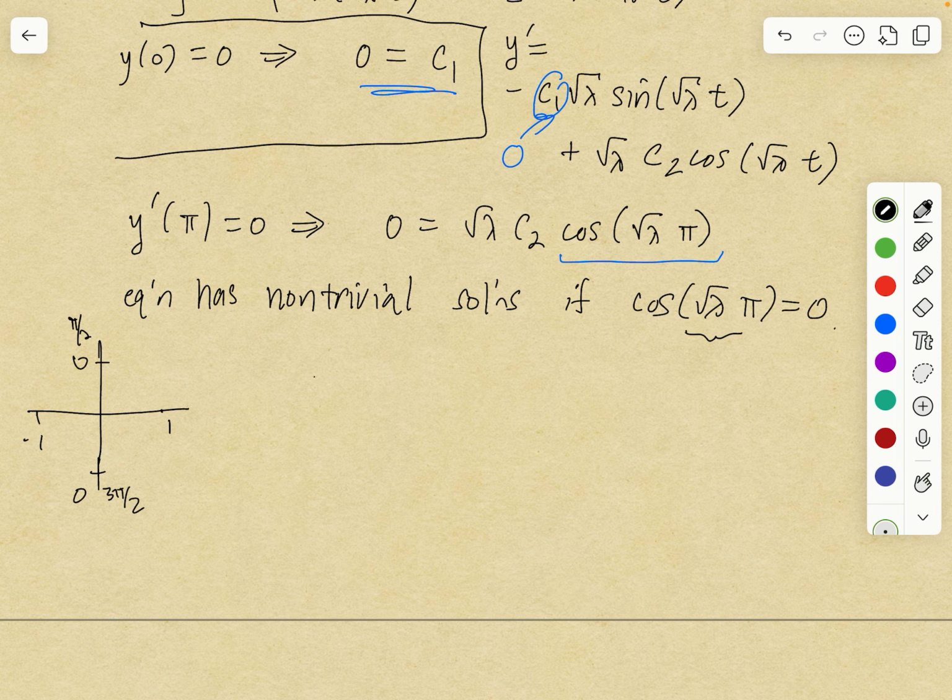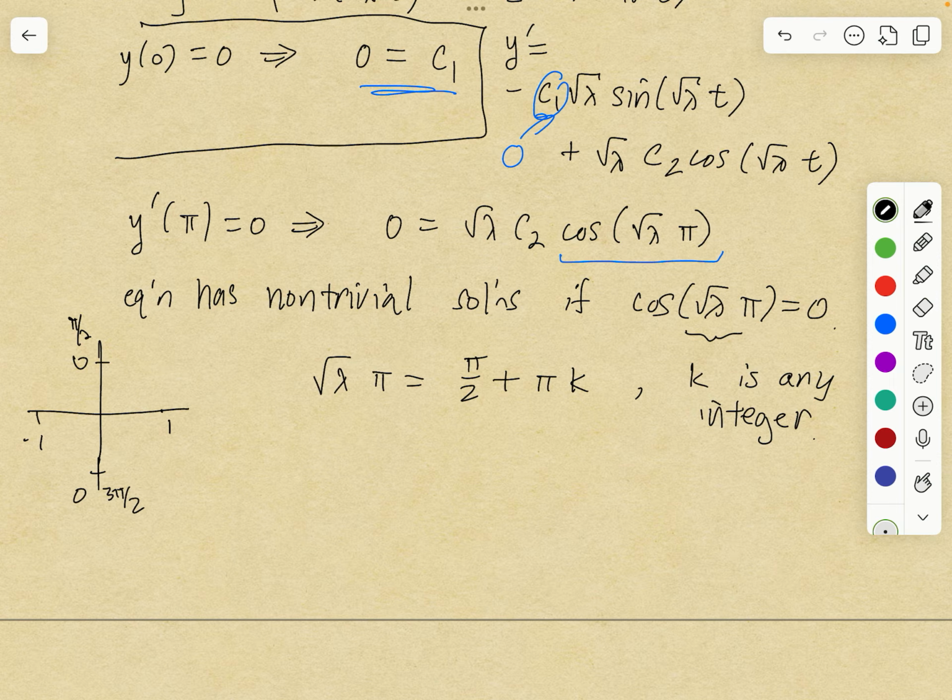So the inside, root lambda pi, is going to be pi over 2 plus pi k, where k is any integer. It could be 0, positive, or negative. Hopefully you're familiar with this from trigonometry: cosine of x equals 0, solve for x. The answer is pi over 2 plus pi k, where k is any integer.